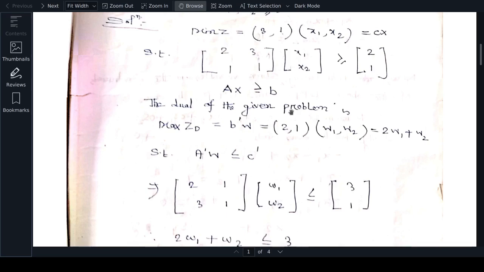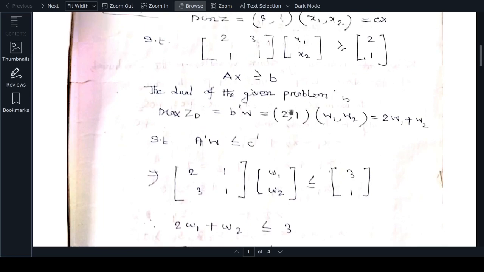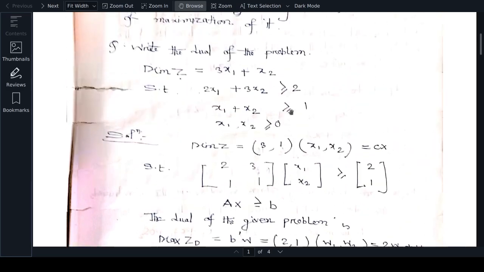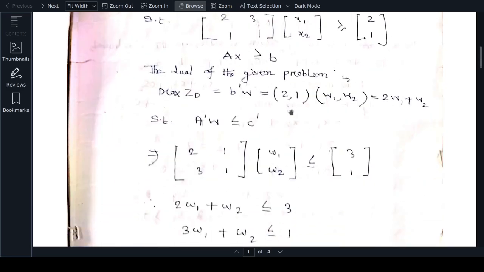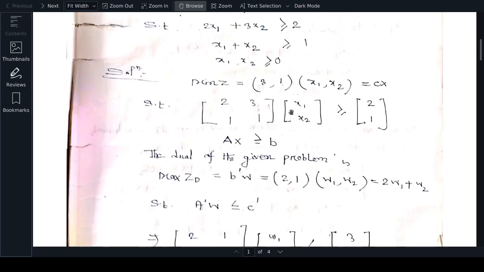So we write 2 comma 1 into w1 comma w2 in place of x1 and x2. In the dual problem, w1 and w2 can be given any variable name. So this is 2w1 plus w2, such that a dash w less than or equal to c dash.